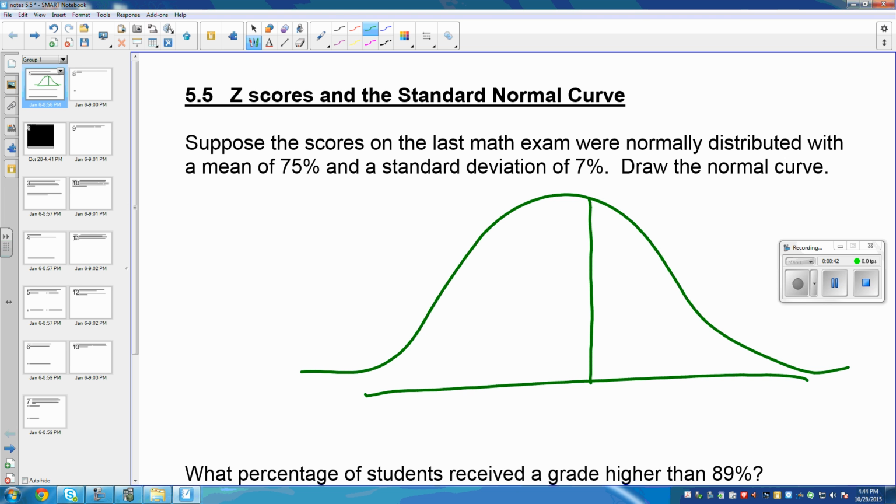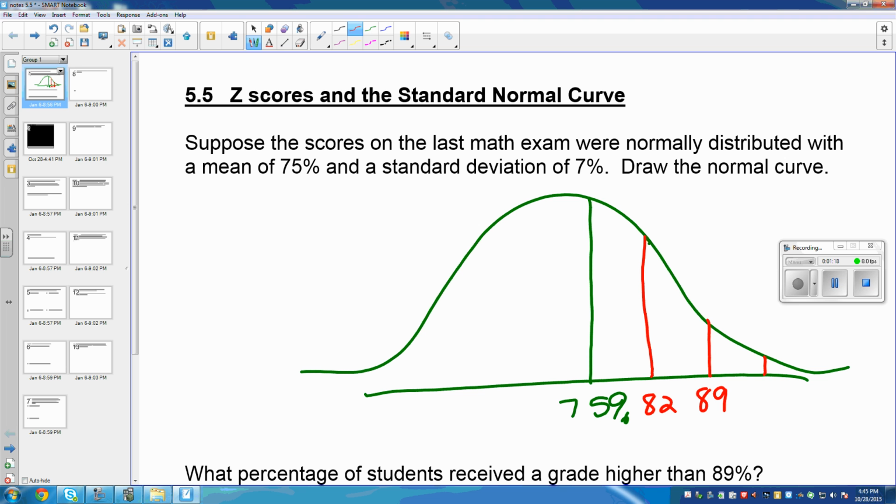And then we'd go a standard deviation over on both sides, so up by 7%, 75 plus 7 is 82, up another 7% will give us 89, and up another one, 89 plus 7 will give us 96, okay? And going backwards, okay, not a perfect normal distribution.